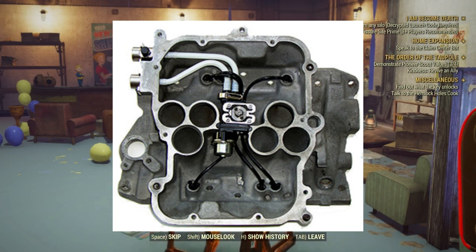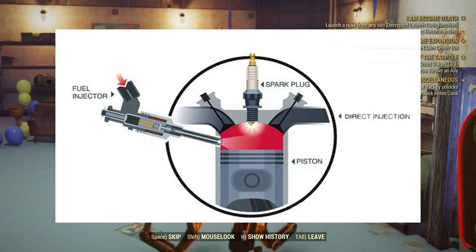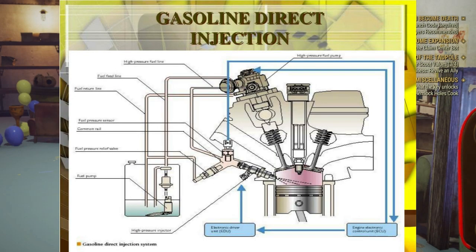Another thing that came later was direct injection, meaning instead of putting it on the intake, they would put it directly on the cylinder head and let it spray the fuel directly into the combustion chamber. That is what we call direct injection.